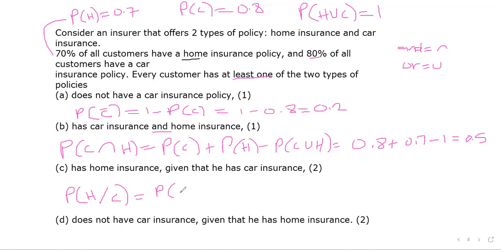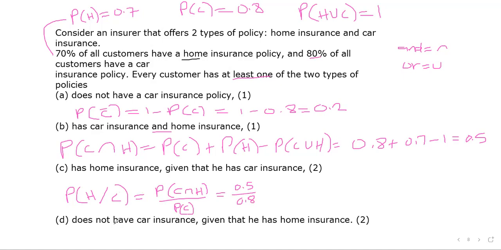H intersection C, or since we're starting with the letter which comes first in the alphabet, C intersection H. Then we bring this one down there, probability of C. So here, the intersection, we just calculated it now, 0.5. And the probability of C is 0.8. You can compute on your own.